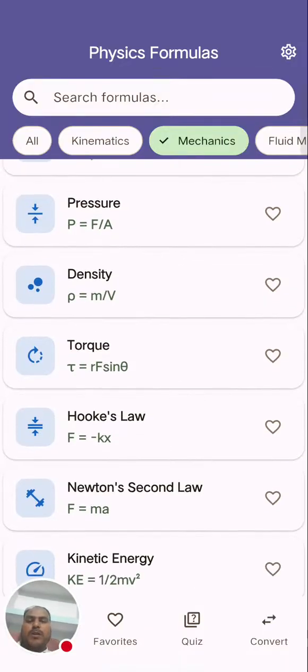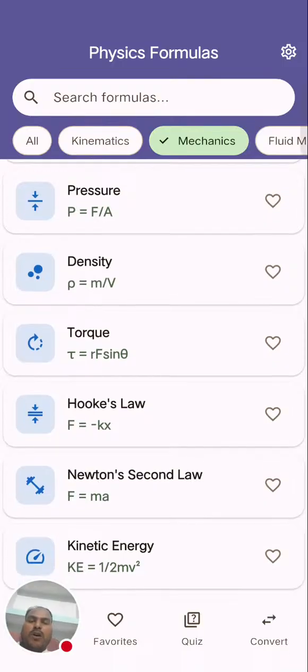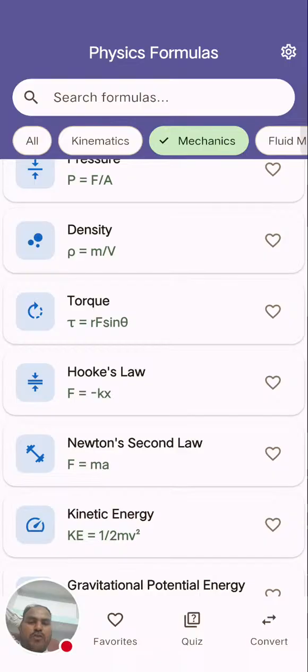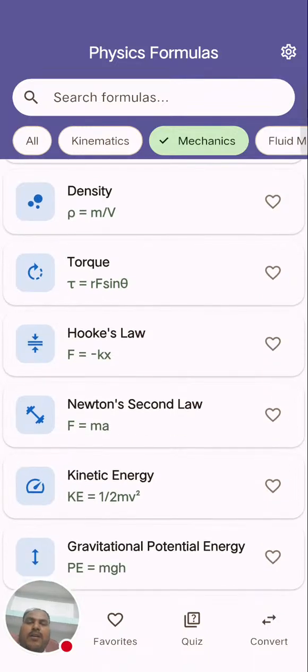And the density formula we learned, rho equal to m upon v. And torque, tau equal to r into F into sine theta, where theta is the angle and F is the normal force. Yes or not?